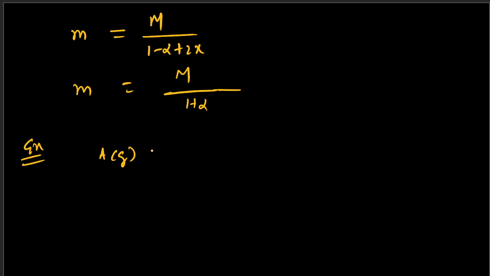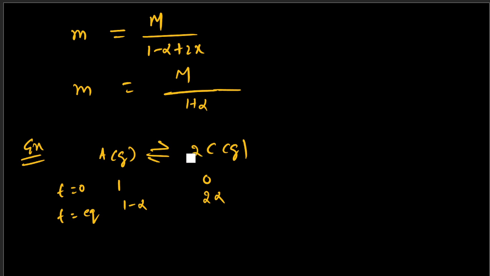Suppose A gas is going to give C gas. For this case, suppose at T equal to 0, this is 1, no product has formed, and at equilibrium, 1 minus alpha has been consumed, so 2 alpha has formed. So from 1 mole, suppose it is 4 moles, then it will be 4 alpha, and if I write nC, then it will be n alpha. Similarly, if I write mA, then I will write m alpha.